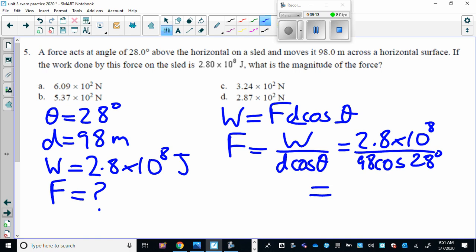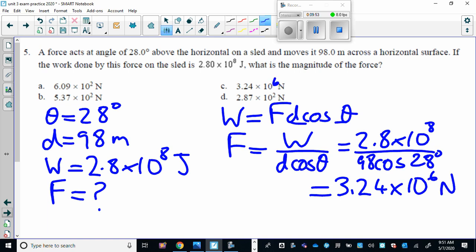28 degrees, stick in those numbers, and I'm going to get on my calculator because something is wrong with the answers on this question, it seems. 2.8 E 8 divided by bracket 98 times cosine 28 end of bracket equals, yeah, so it's 3.24 times 10 to the 6 newtons.